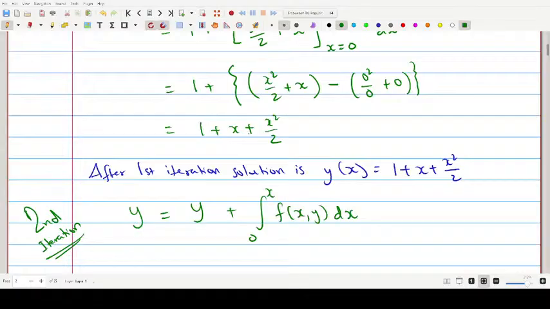So now this time what we'll do is that, this is all because we are using the same formula again and again, right? The integration that we are doing on the right hand side, here again on the right hand side, we shall be using y equal to y1 in this integration.